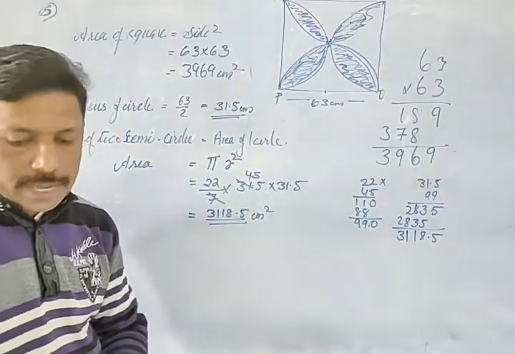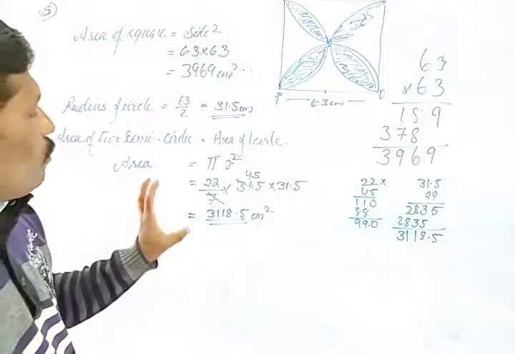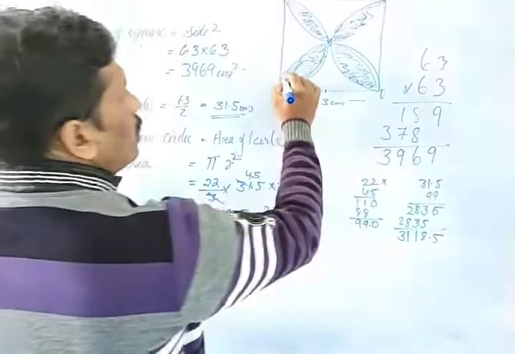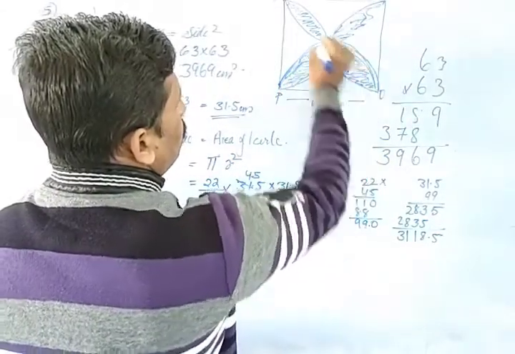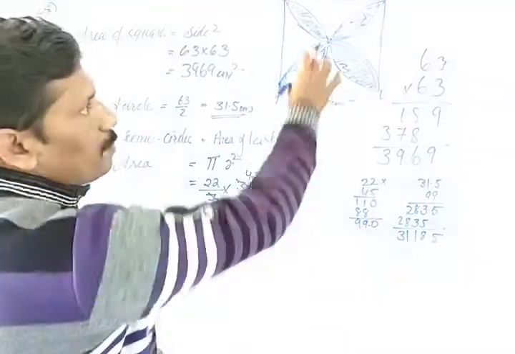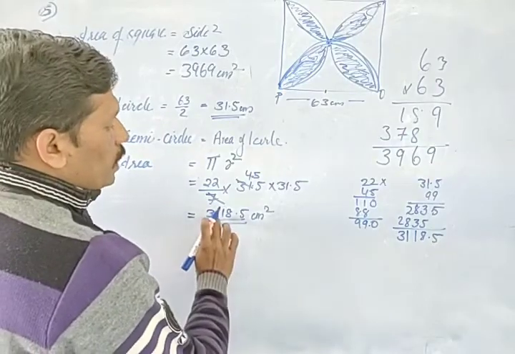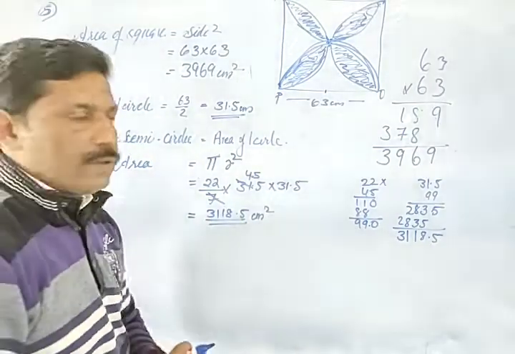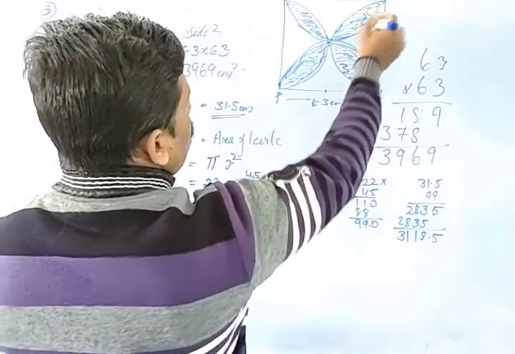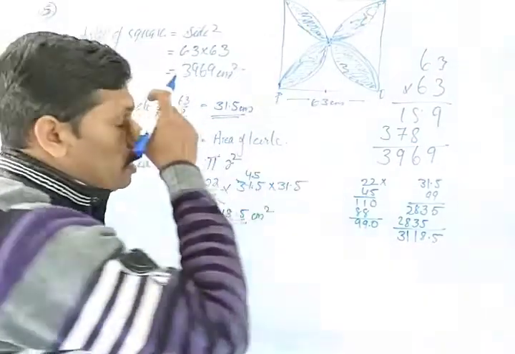Now we have got the area of one full circle. Then we want to find out the area which is not covered. Two semicircles means it is equal to one full circle, that area 3,118.5 centimeter square. And the remaining area which is not covered by these semicircles, this area and this area, we have to find out.